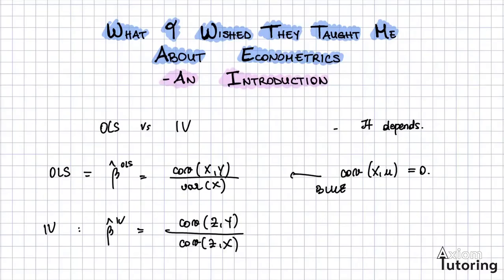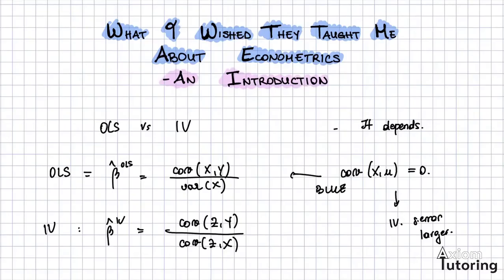However, IV is going to be less efficient because it's not using the full variation in your x variable. It uses only the variation coming from Z, and IV standard errors are going to be larger in this case. So if OLS assumptions hold, there is no reason to use IV.